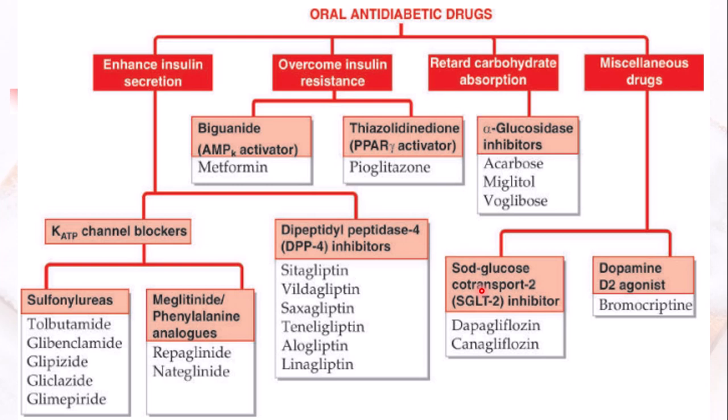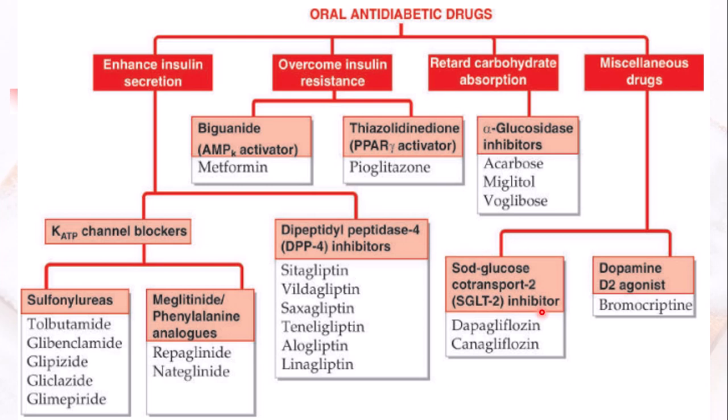But when you block this transporter, the glucose will be lost in urine. So the plasma glucose levels reduce through that process. There is a reduction in the filtered glucose reabsorption, which results in increased urinary excretion of glucose and reduces the plasma glucose concentrations.